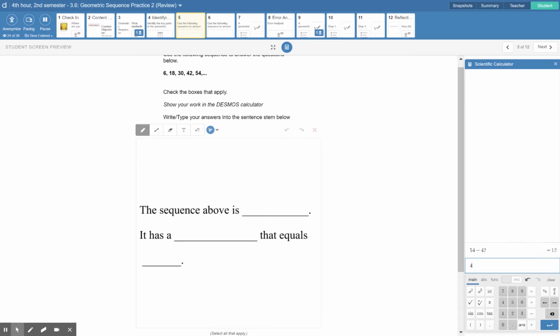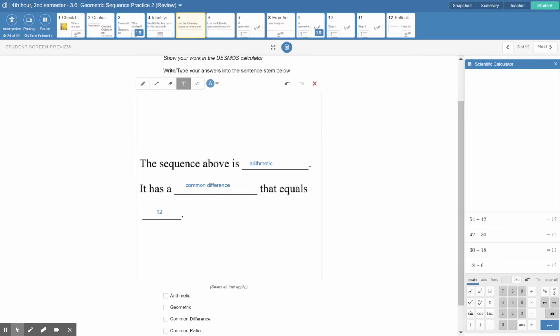You're going to minus the 2, and you're getting the same number. Keep going until you're either done or you get a different number. In this case, we got a 12. So that is saying that this is arithmetic, because it has a common difference. How do we know? Because we minused and we got the same number of 12. So that's all we were looking for there.